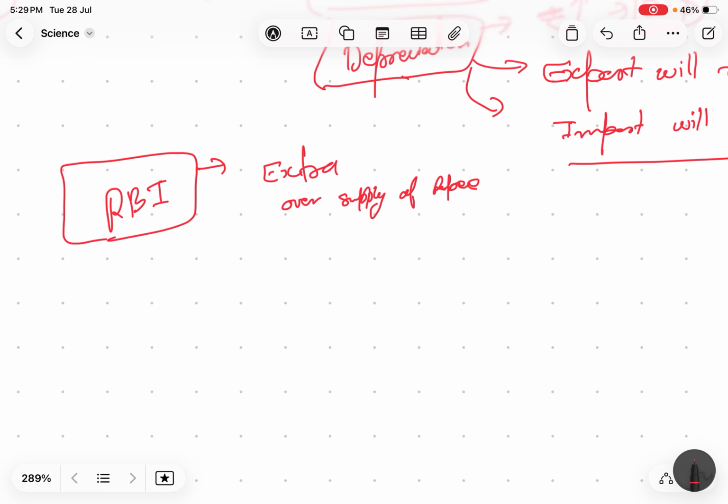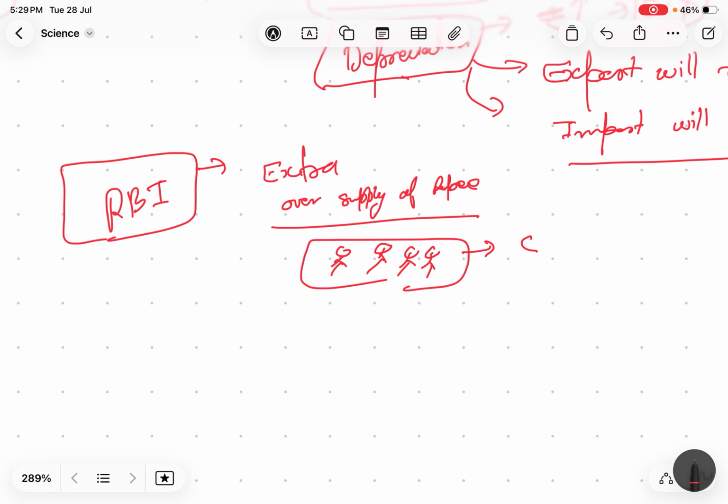What does this mean? So for example, all the foreign investors in India are demanding that we need our dollars back. And when we need our dollars back, we will exchange dollars and rupees. So the rupee will be in huge supply in the market. There will be a large amount of rupees.